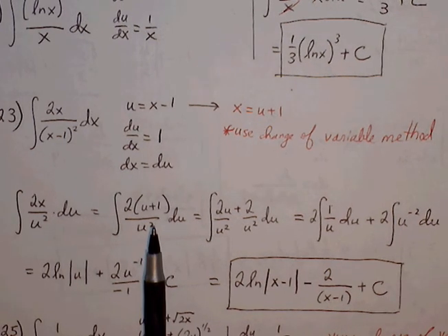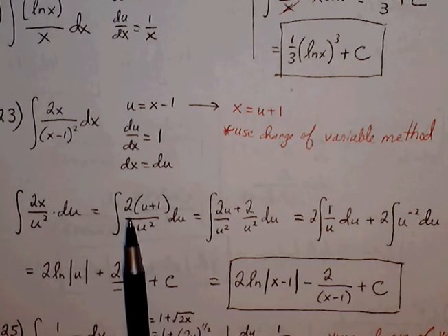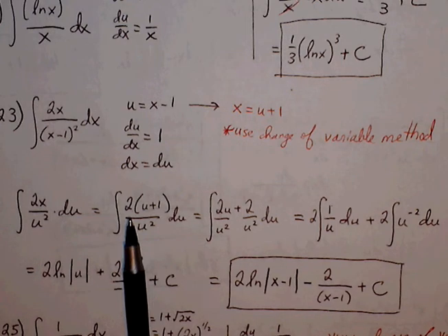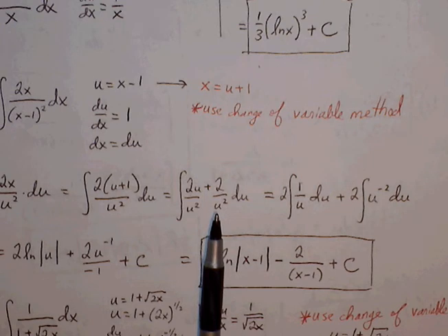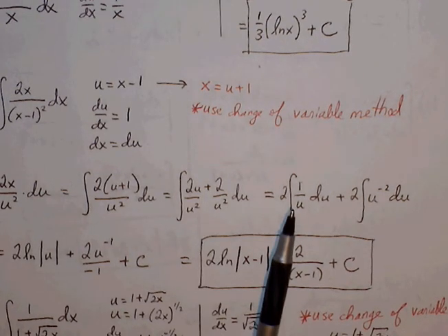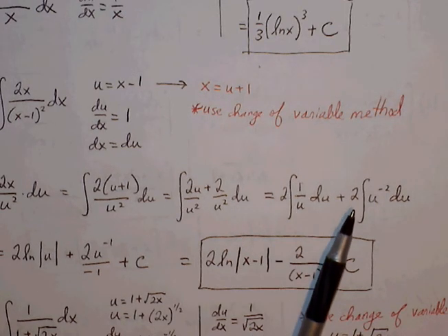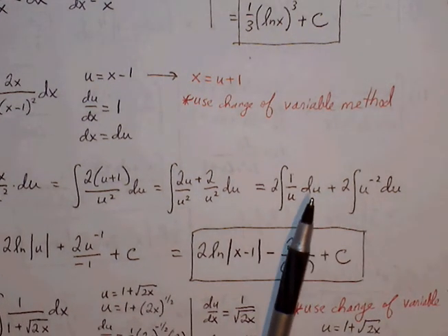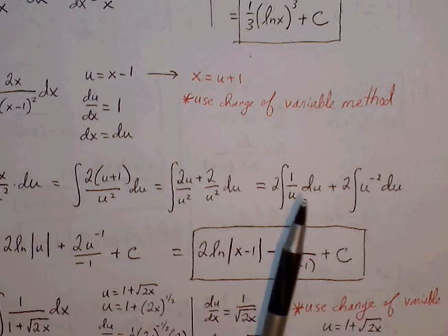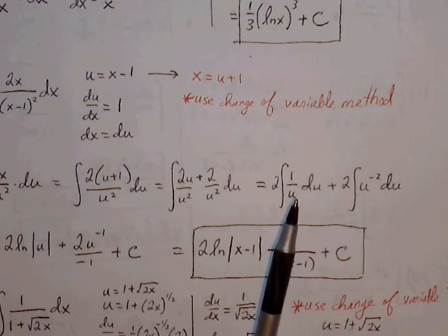So distribute the 2 through, so 2u plus 2 over u squared, split up into individual fractions, and so we're left with 2 times the integral of 1 over u plus the integral of 2 over u squared, which we can rewrite as 2 integral u to the negative 2. Okay, we're just trying to get it into a form where we have rules available to us to use.